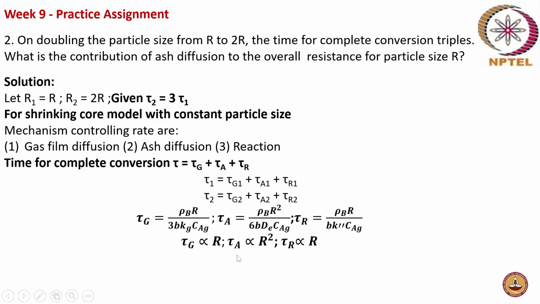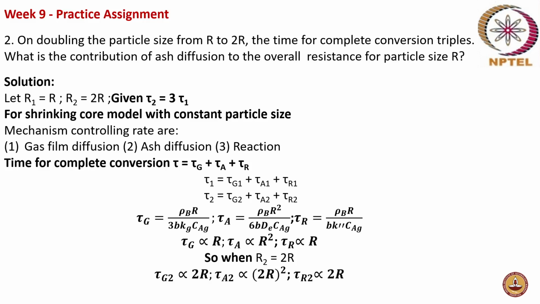Similarly, ash diffusion is proportional to R square, and reaction control is again proportional to R. So when R2 is equal to 2R, tau G2 will be proportional to 2R, tau A2 will be proportional to 2R the whole square, and tau R2 will be proportional to 2R.